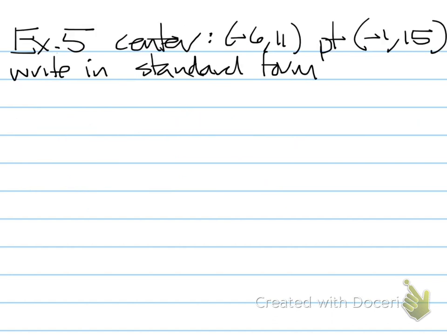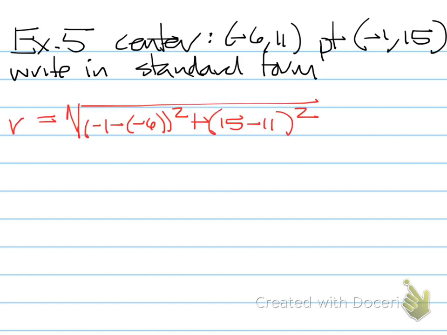We want to write in standard form the equation of the circle that has a center at (-6, 11), and a point on the circle is (-1, 15). So we're going to use the center and a point on the circle and the distance formula to find the distance between the center and the point on the circle. That will give us the radius. So subtract the x coordinates, square that amount. Subtract the y coordinates, square that.